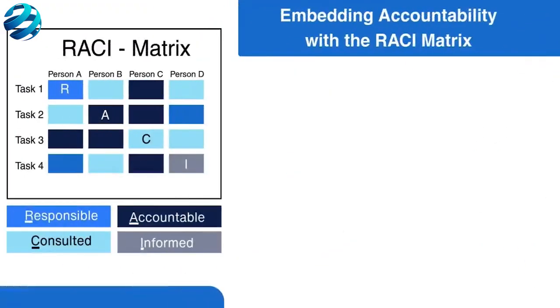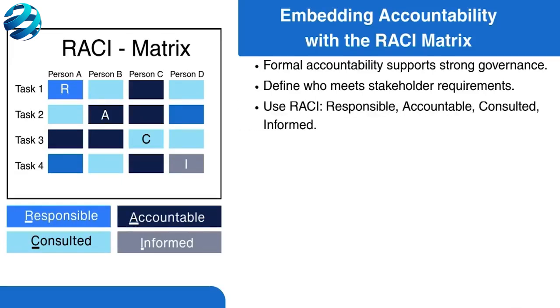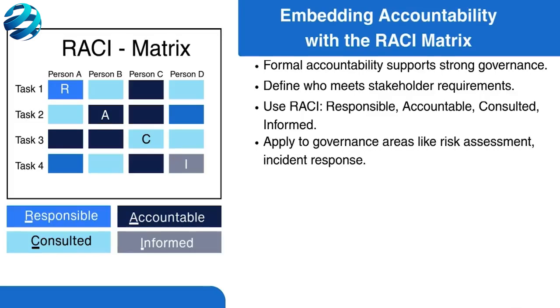Formalizing accountability is a cornerstone of good governance. After identifying your key stakeholders and their requirements, you must define who is responsible for meeting those needs. A RACI matrix, which stands for Responsible, Accountable, Consulted, and Informed, is a simple yet highly effective tool for this. For each key governance process, such as risk assessment or incident response, the RACI chart clarifies roles.